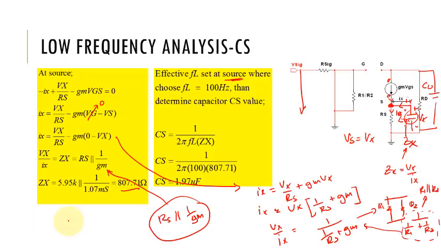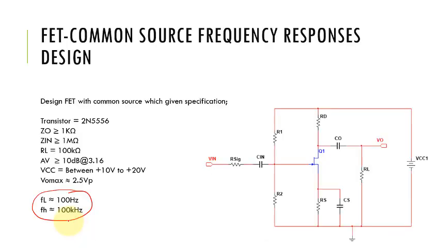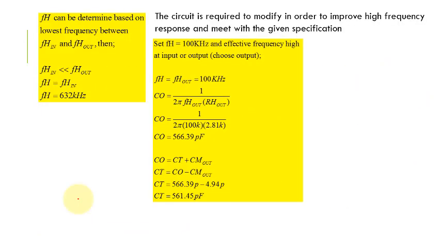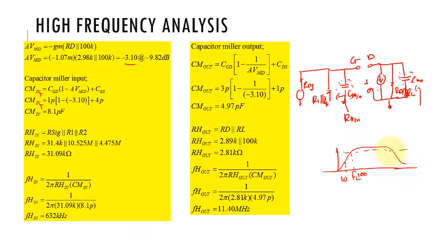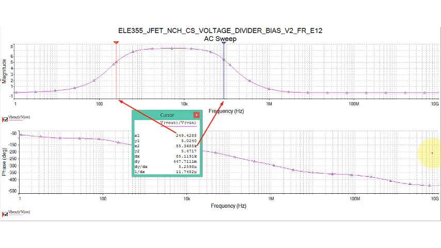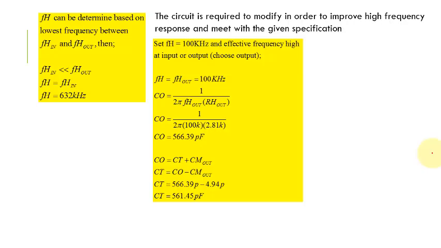But in our specification, we need to set around 100 kilohertz. So in order to obtain 100 kilohertz for this high frequency, what we need to do is add one capacitor, which we name as a tuning capacitor, CT.